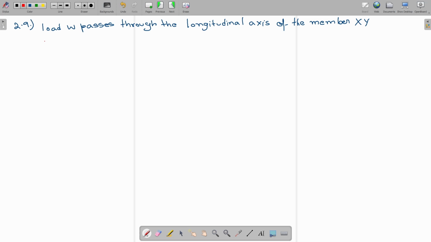It means that eccentricity is 0. Therefore, the XY segment carries axial force. So the XY segment only carries axial force.